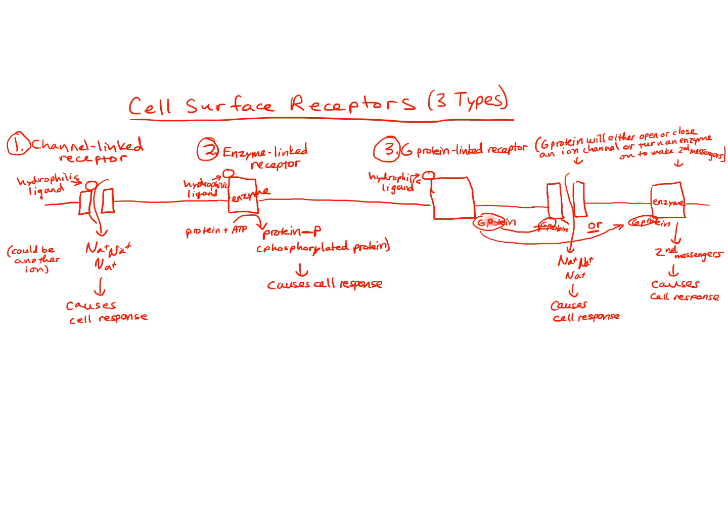Or the G protein could go over and turn an enzyme on or off, and then that enzyme can make second messengers, and then that would cause the cell response. So the G protein linked receptors can do one of 2 things, either open or close ion channels or turn an enzyme on and make these second messengers.